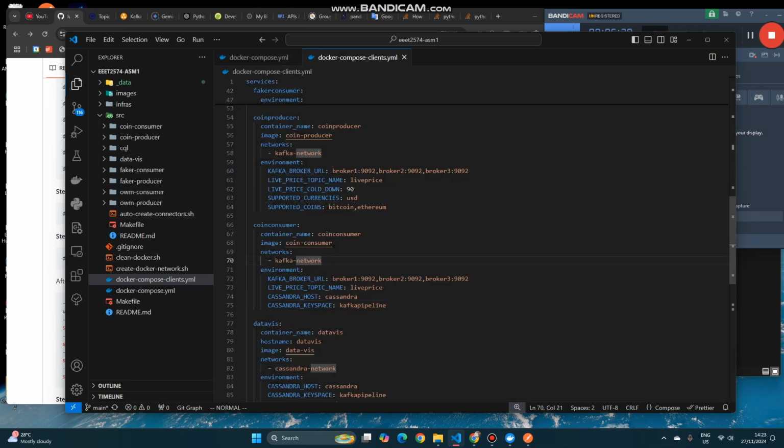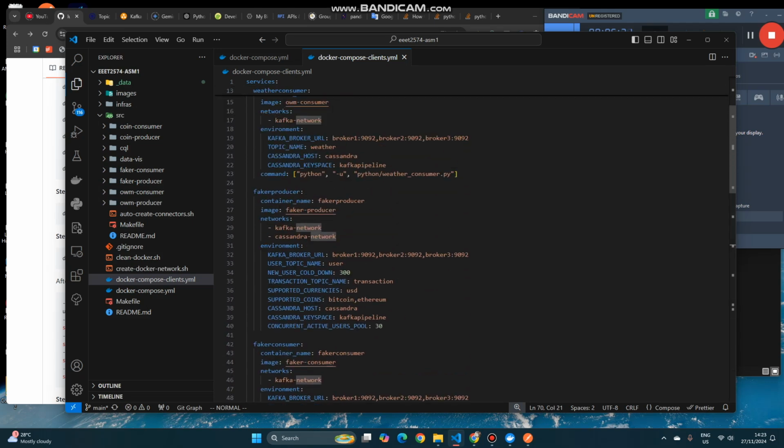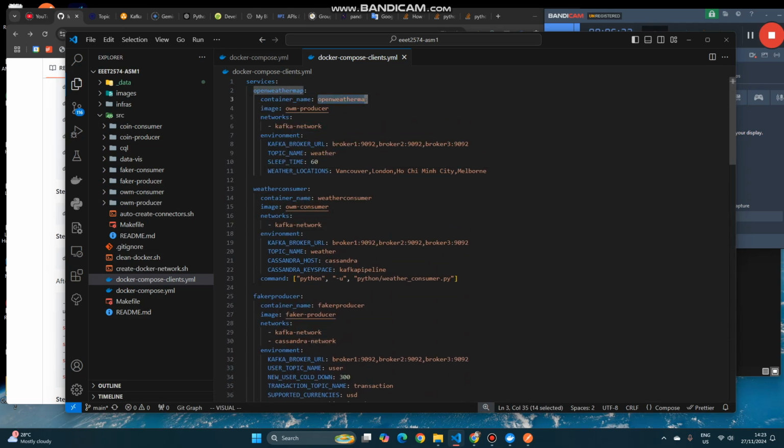Let's talk about how I run the weather producer. The weather location here is an environment variable, so it's going to be read by the container.